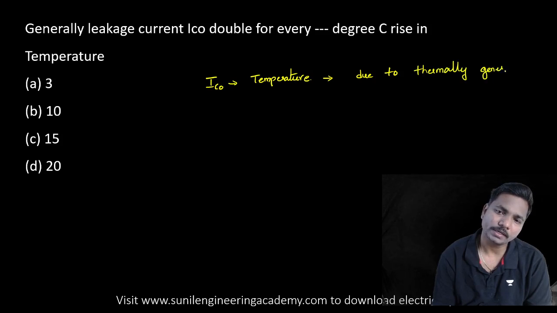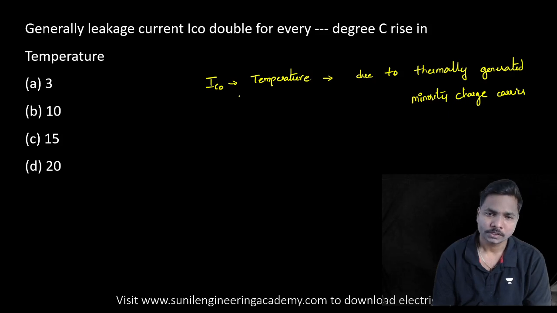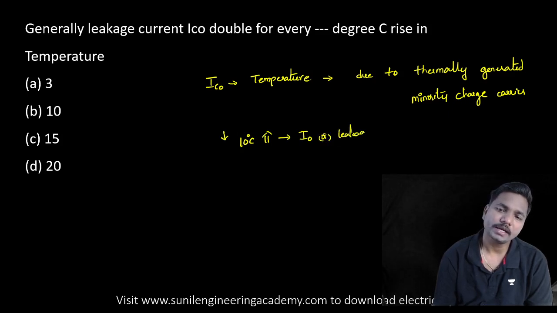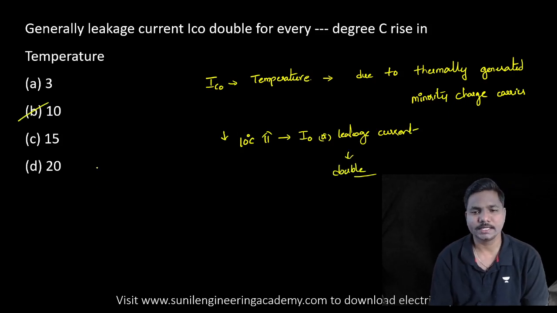Thermal in the sense that they depend upon temperature. So for every 10 degrees centigrade rise in temperature, I0 or ICO, that is the leakage current, will double.